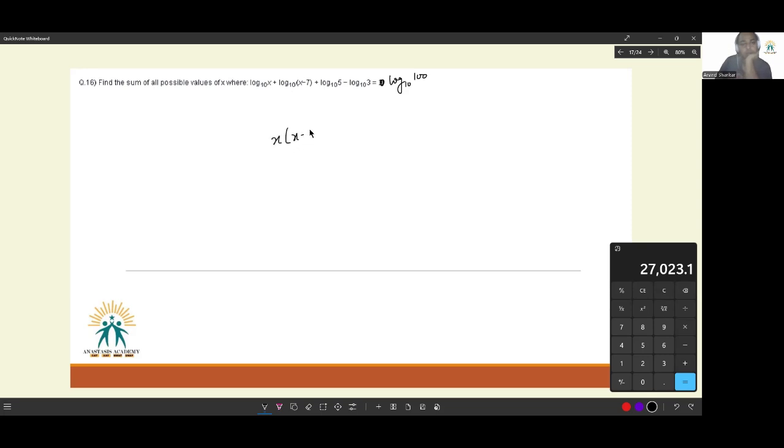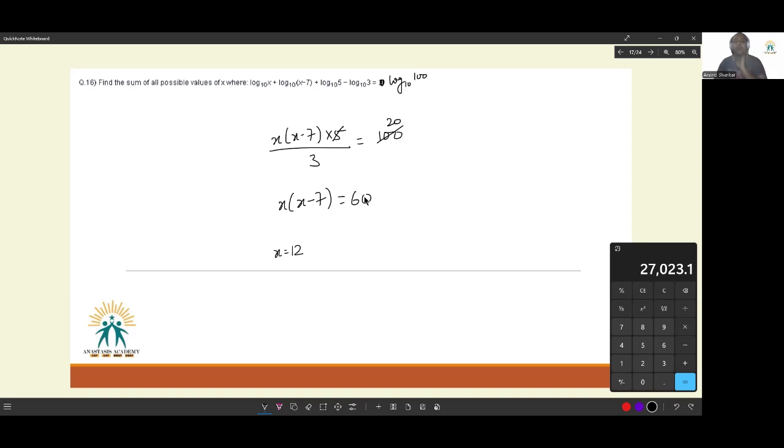X into x minus 7 into 5 by 3 is equal to 100. So cancel 20. X into x minus 7 is equal to 60.